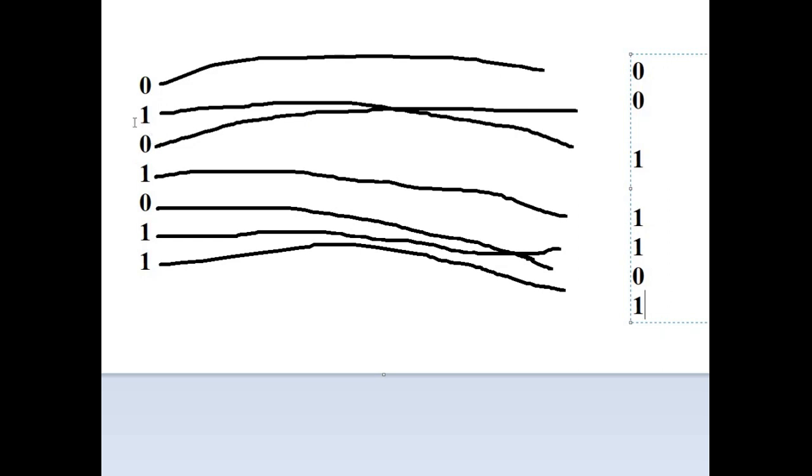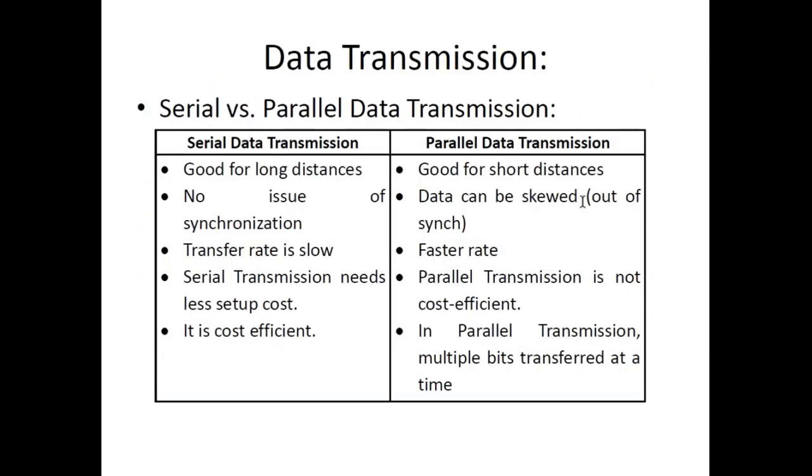This is the third bit, this 0 is the third bit, but it may reach before the second bit. So this can happen in parallel transmission. That is why we say that this is known as skewing of data, and data can be skewed or out of sync, so they are not good for long distance. If you have to send data over a long distance, we do not use parallel transmissions.